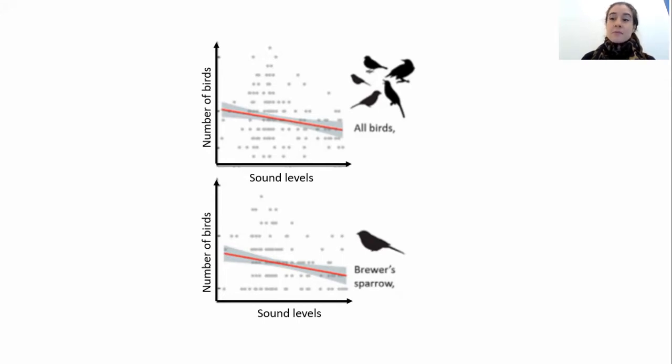And remember that the number of birds is what I was measuring. So the sound level is the experiment, what I created outside in the field. And the number of birds is all the data that I'm recording in the field. So basically, yes, birds do avoid this loud environment.